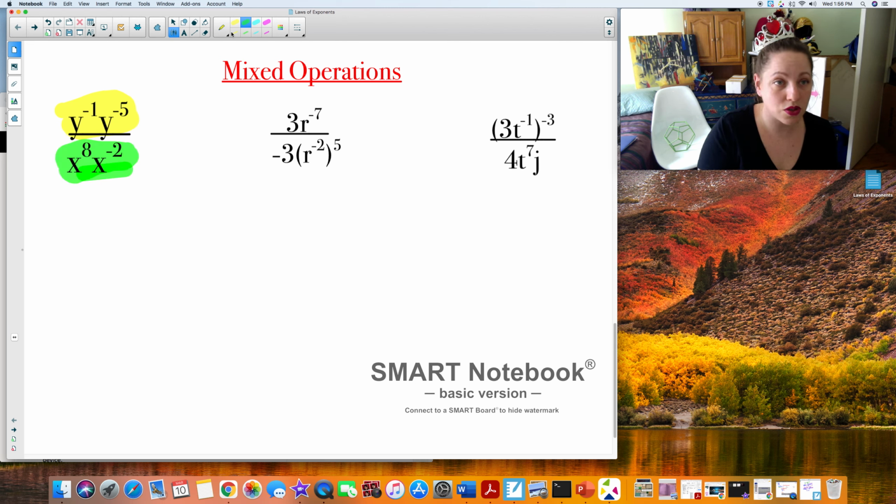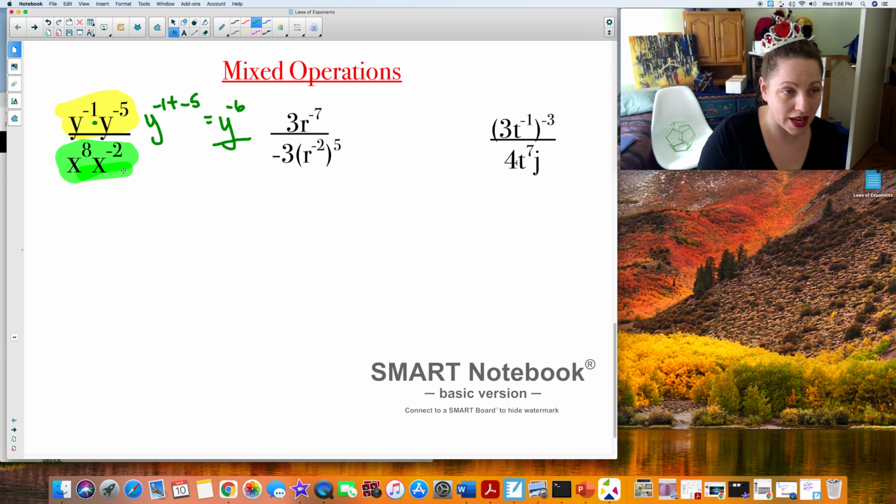So what I'm going to do now is these are being multiplied, so I'm going to add the exponents. So it's really like y to the negative 1 plus negative 5th, and that leaves me with y to the negative 6. Okay. Negative exponent, what's going to happen there? It's going to go to the bottom, 1 over that.